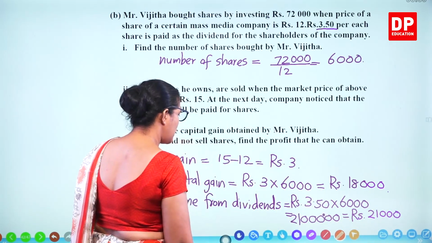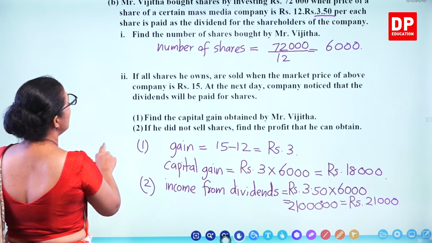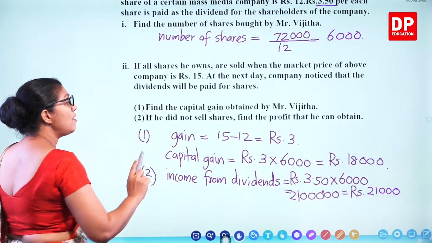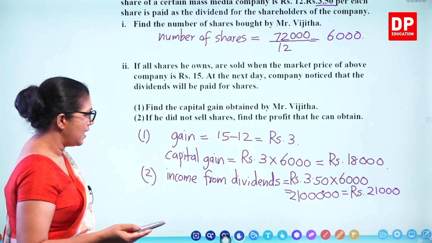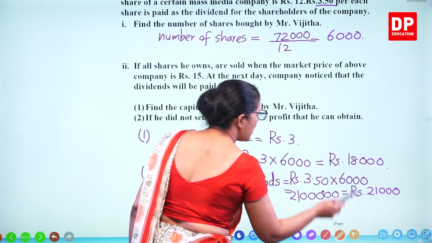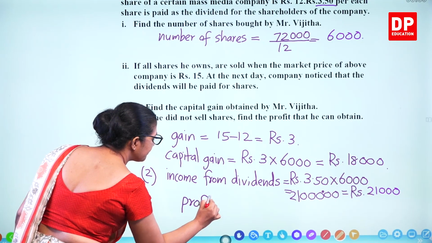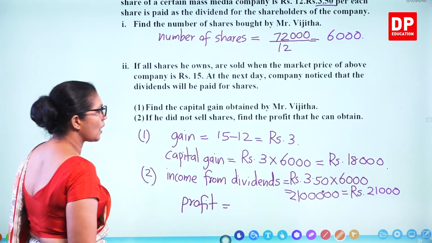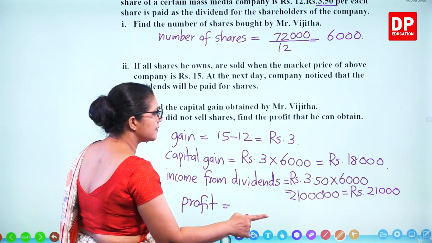So what can you say about this? If he did not sell shares, find the profit that he can obtain. The difference is the profit. So profit becomes then 21,000 there and 18.